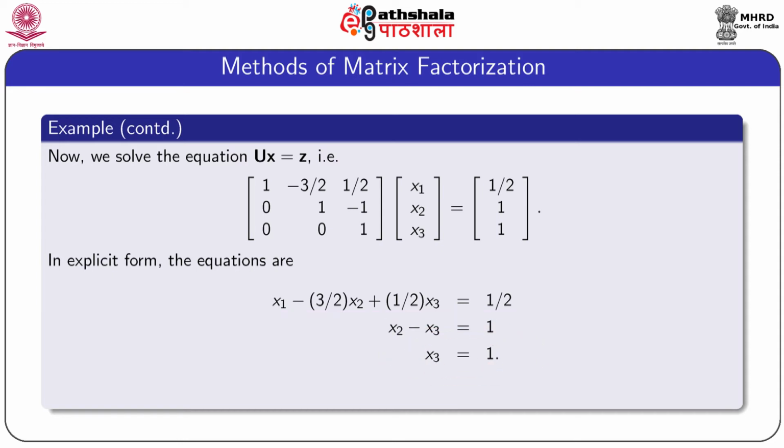So by backward substitution we can solve this system, and the solution is x3 = 1, which is obvious from the third equation, and from the second equation we get x2 = 2, and from the first equation we get x1 = 3. So x1 = 3, x2 = 2, and x3 = 1 is the solution of the given system of equations.